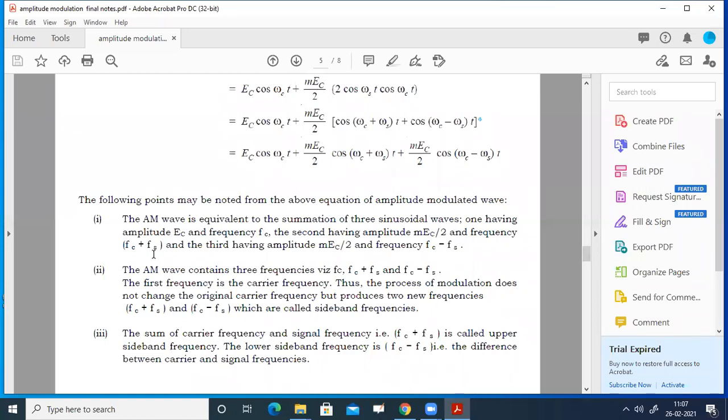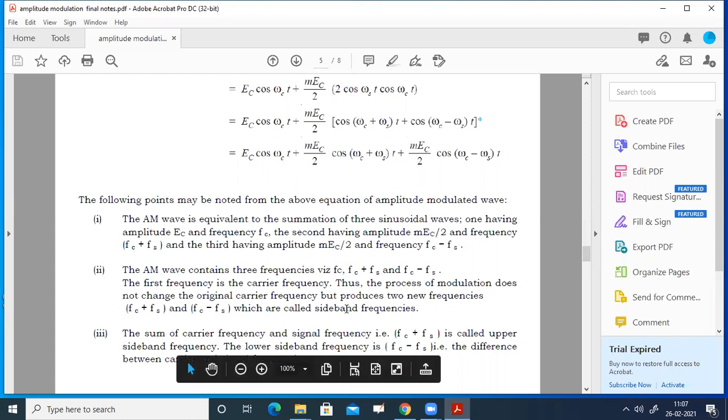There are two other frequencies, Fc plus Fs and Fc minus Fs. Therefore, the AM wave contains three frequencies: Fc, the carrier frequency, Fc plus Fs, carrier plus signal frequency, and Fc minus Fs, carrier minus signal frequency.